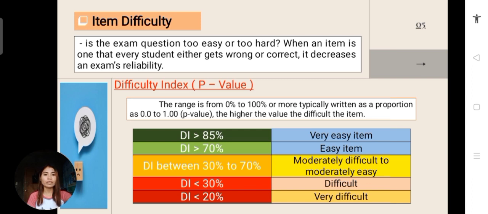And when the difficulty index is greater than 70%, it is an easy item. And when the difficulty index is between 30% to 70%, therefore it is moderately difficult to moderately easy. And when the difficulty index is less than 30%, it is difficult. And when it is less than 20%, it is very difficult.